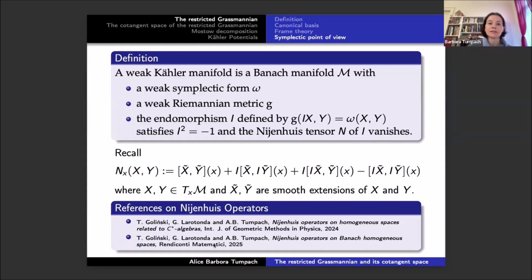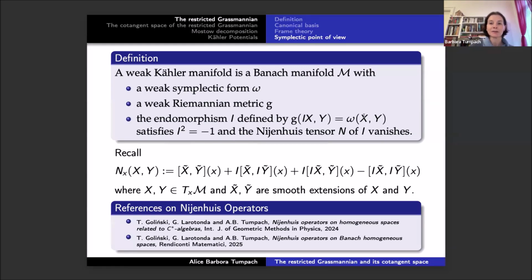And this symplectic form and the Riemannian metric are supposed to satisfy a compatibility condition, which is the following. We can define an operator I because the symplectic form is non-degenerate. The symplectic form can be written like G(Ix, y).